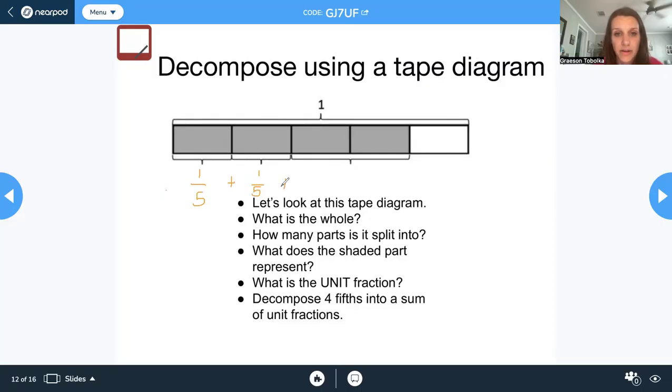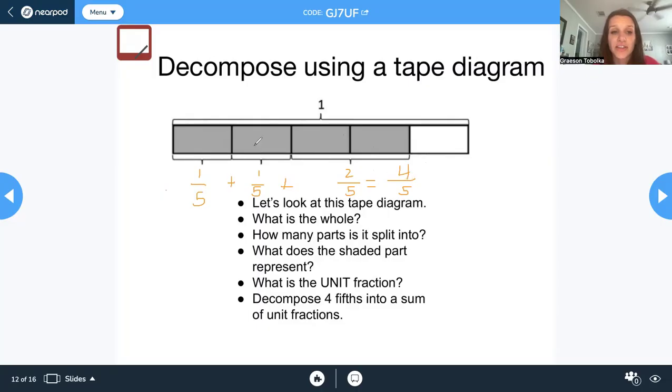Plus another one. Oh, is that 1? No, we have 2 together. So that is 2/5. And if we add them together, again, our denominator stays a 5th because that's how many pieces it's broken into. And we have 2 and 1 and 1, which is 4/5.